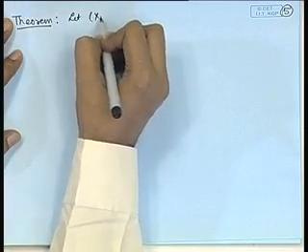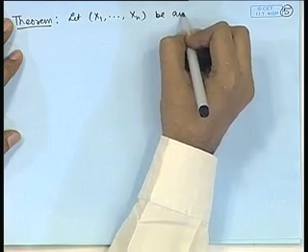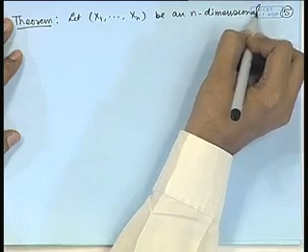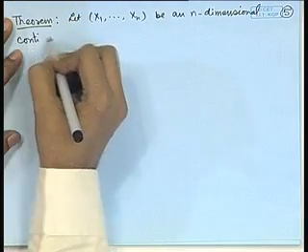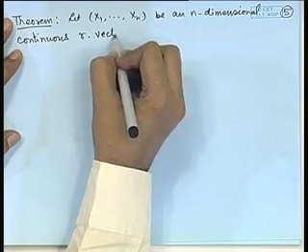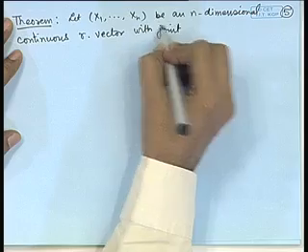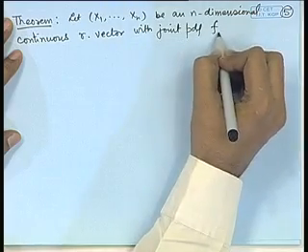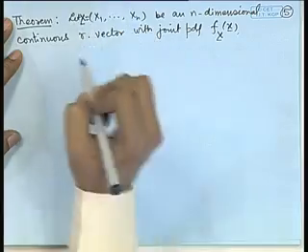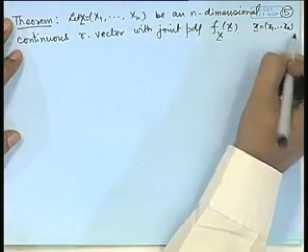Let X1, X2, ..., Xn be an n dimensional continuous random vector with joint probability density function, say f_X(x). So, here X is denoting the vector (X1, X2, ..., Xn), small x is denoting the vector (x1, x2, ..., xn).